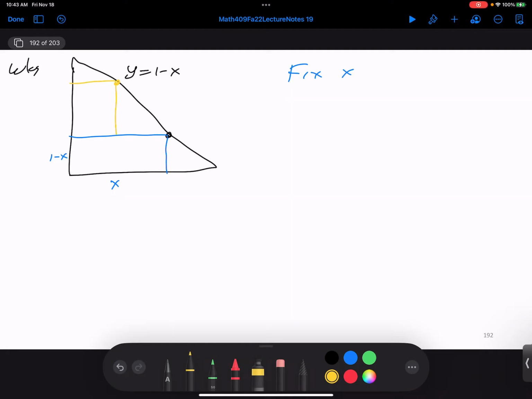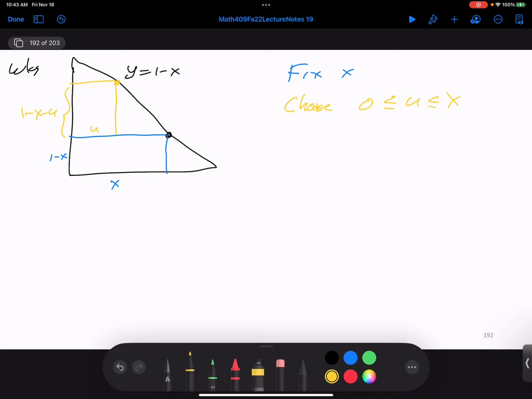Let's call that u. So 0 is less than or equal to u, which is less than or equal to x. And if this is u, what's this distance over here? Well, let's see.